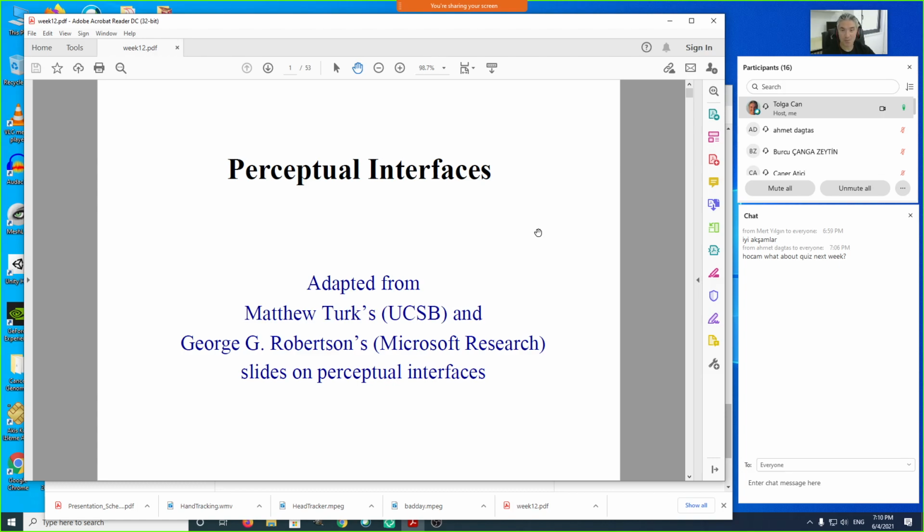So if we develop algorithms for hand tracking, face tracking, or body tracking, will this help us to have smarter offices, smarter homes, and smarter computers? That's basically the idea.